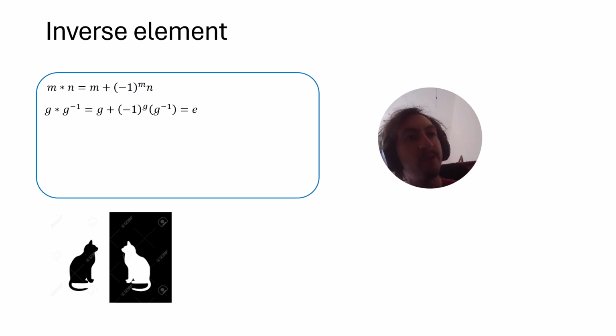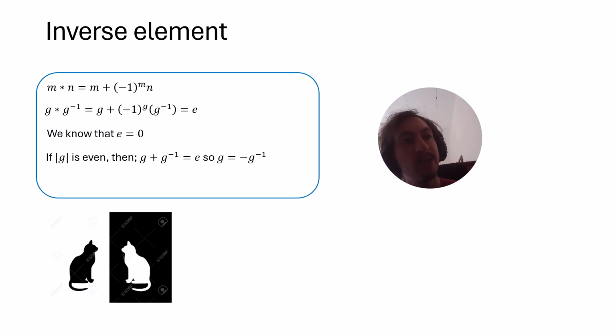Now before we found that the identity element was 0, this means that if the magnitude of g is even, and bearing in mind g is a whole number, so the magnitude of g is either even or odd, but if the magnitude of g is even, then g is equal to minus g to the -1.